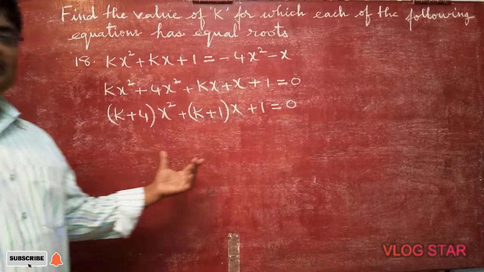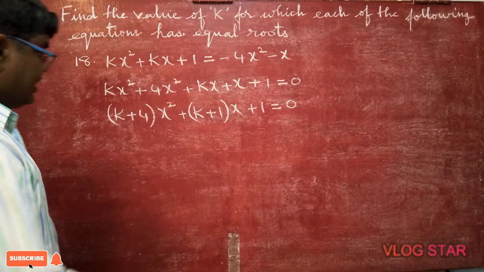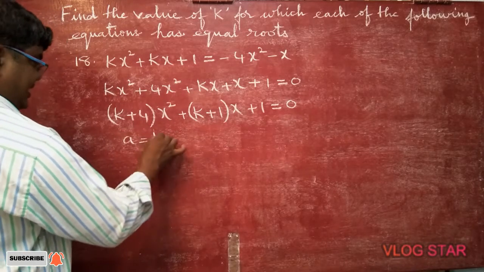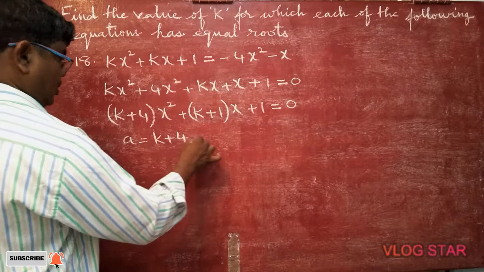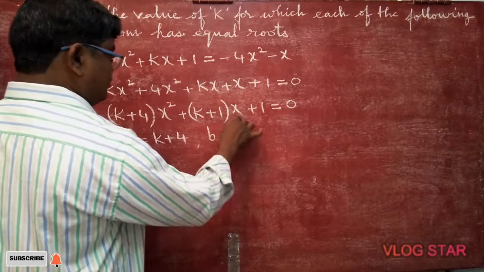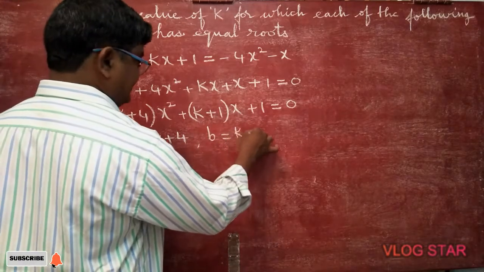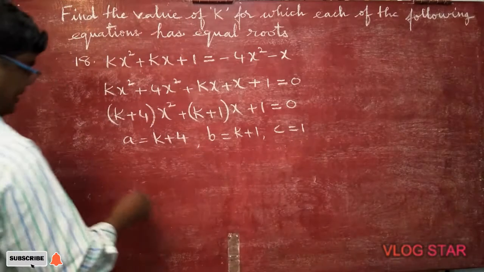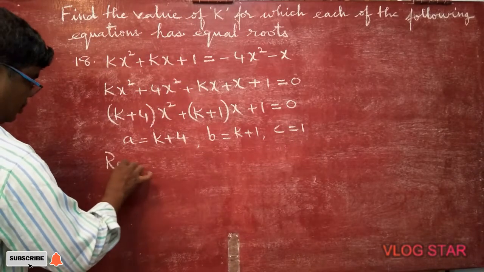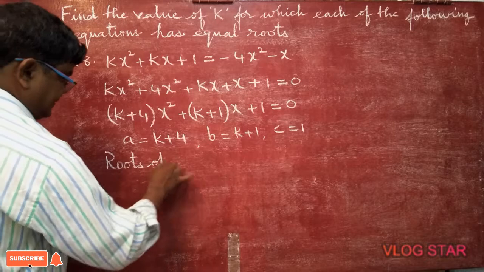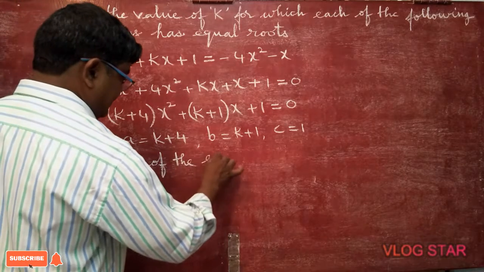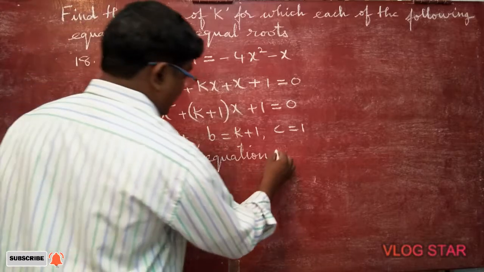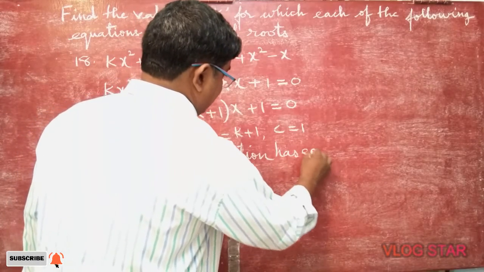Now, we brought the quadratic shape. Here, a is equal to the coefficient of x square, k plus 4. What is b? The coefficient of x, k plus 1. And what is the constant? And here what they told? Roots of the equation has equal roots.